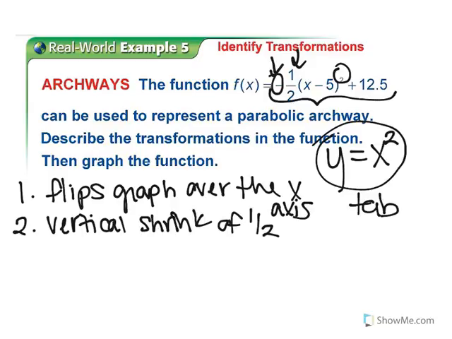Now let's look on the inside. Remember how I said earlier in the video, this is like backwards world. You would think if it says -5, it would go 5 to the left. However, it doesn't. This actually means shifted 5 units to the right.